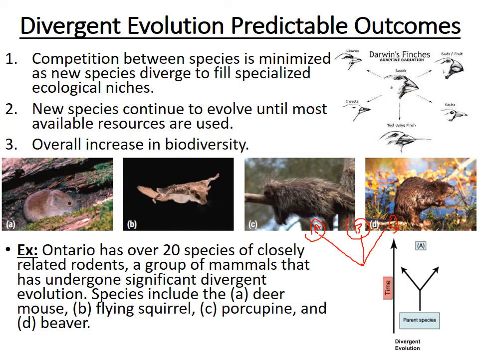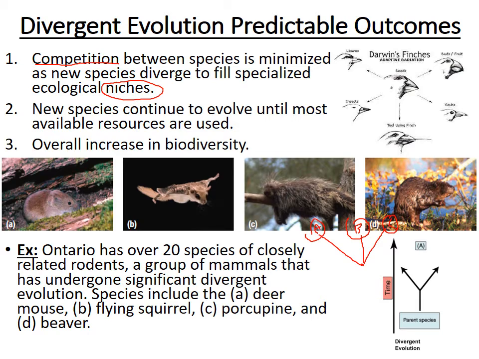They'll be partitioning or splitting up where they're living rather than fighting for one particular environment. So when divergent evolution occurs, you usually see a reduction in competition between species because they're occupying different niches, different, let's say, locations and different lifestyles. They're not bumping into each other all the time.